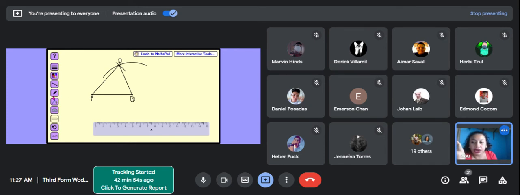So now I want you guys to take your compass and measure 3.5. 3.5, and you take that to P, and you're going to be drawing an arc over there.